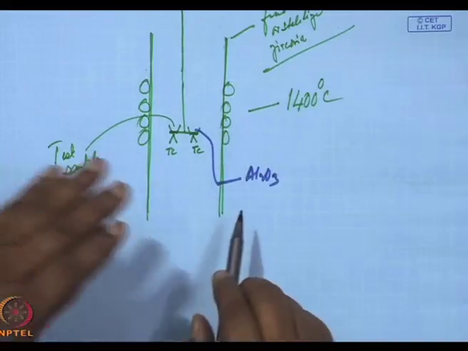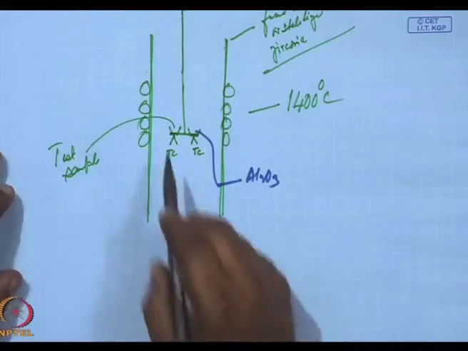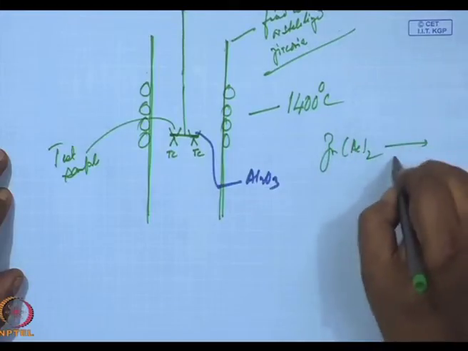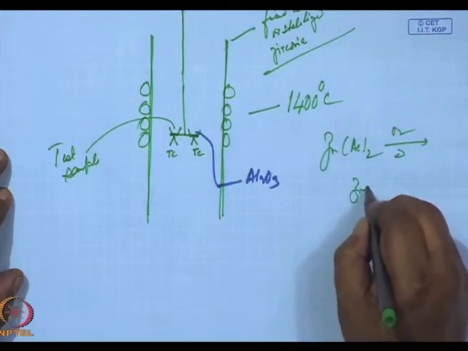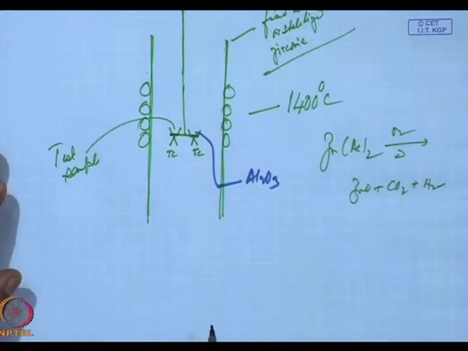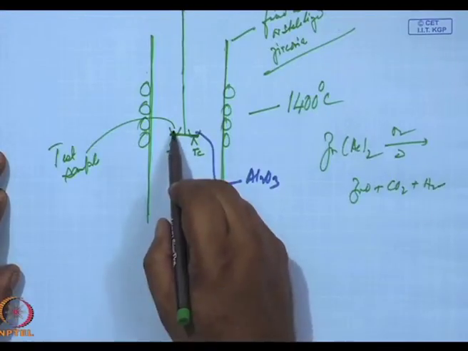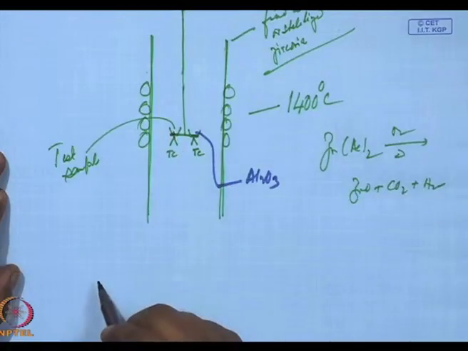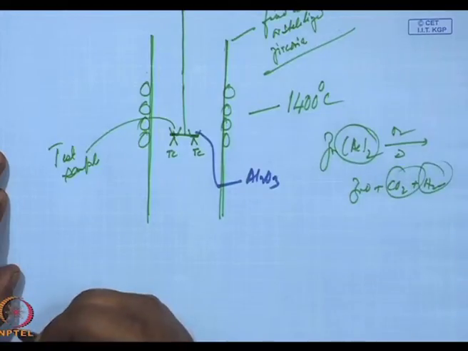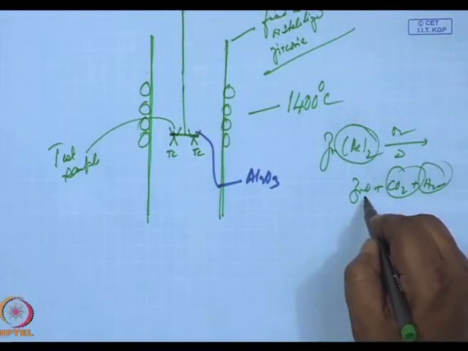So, here I have got alumina which does not undergo any chemical change, and here is a test sample. What is test sample? Is, say, zinc acetate, which when heated under oxygen will give you zinc oxide, carbon dioxide and water. When this happens, what will happen? The weight of this test sample will decrease, because the acetic acid has burnt off as carbon dioxide and water. So, the amount of weight of zinc oxide will be lower than that of zinc acetate.